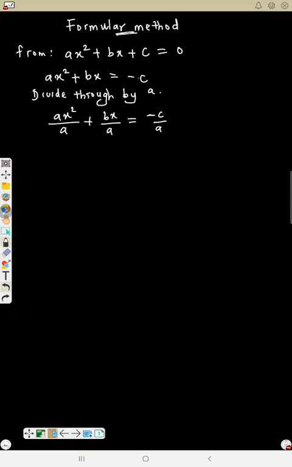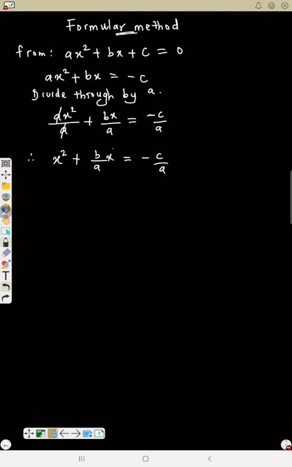If you look at this step I'm taking here, it's the same thing as your completing the square method, so that a will cancel out a. So we have x squared plus b over a x equals minus c over a.